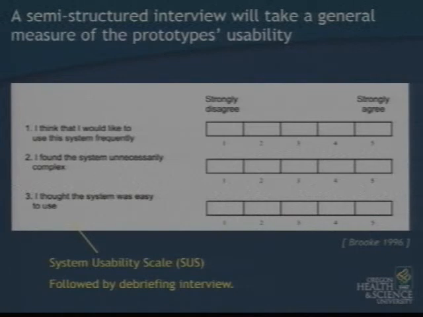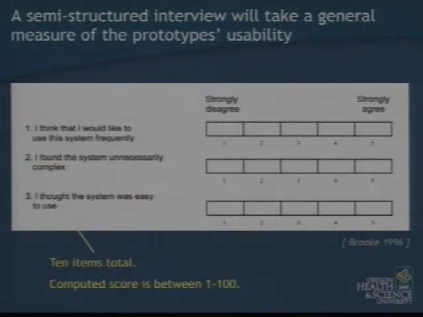The questionnaire will be given to each user in the student, researcher, and clinician groups after they've had an opportunity to use the prototypes in the Think Aloud sessions. And after this, I will do a debriefing interview as well to explore each user's reasons behind their answers.